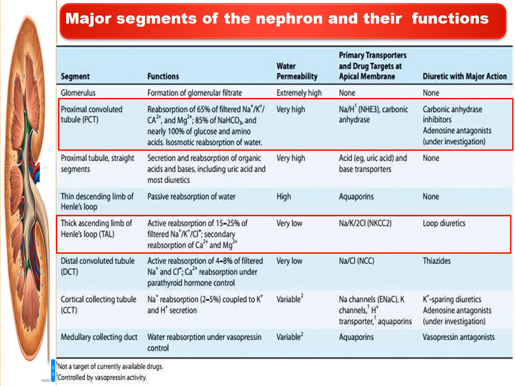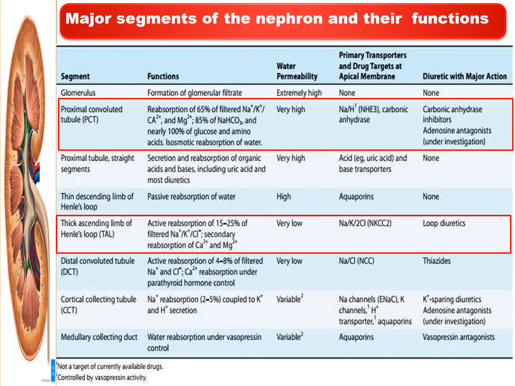The main function of this site is the active reabsorption of 15 to 25% of filtered sodium, potassium and chloride. Secondarily, reabsorption of calcium and magnesium also takes place at the thick ascending limb.